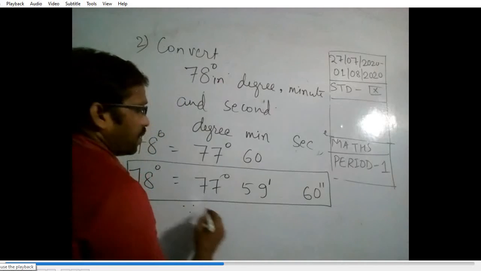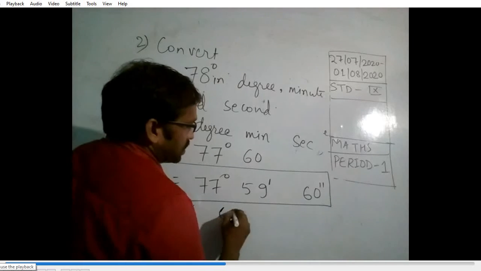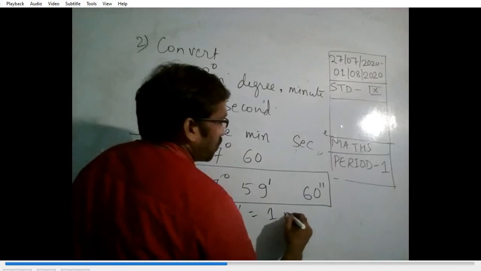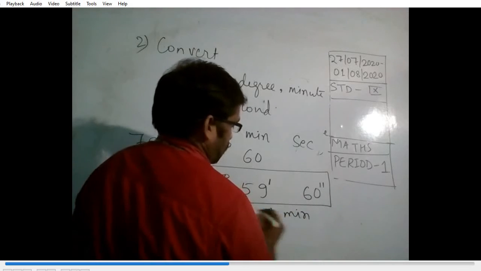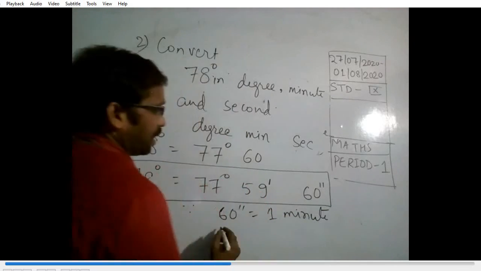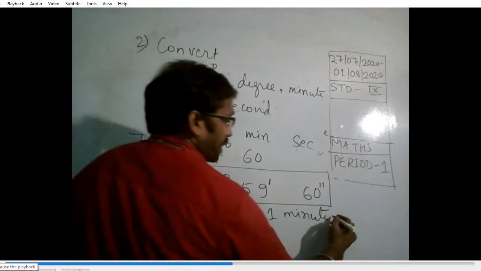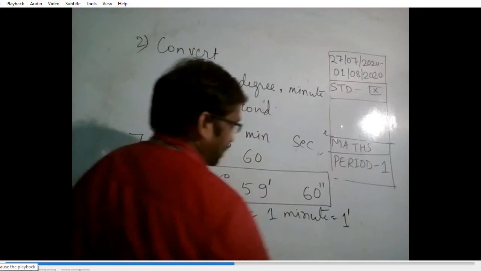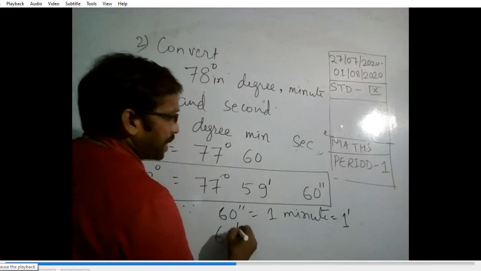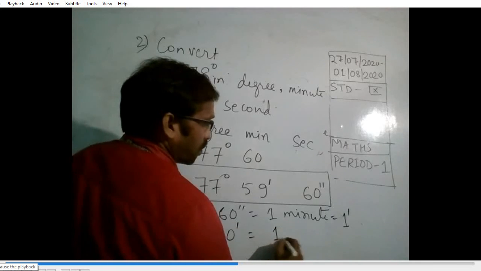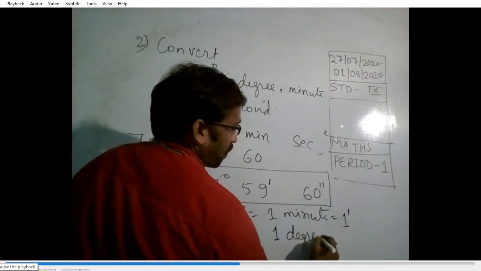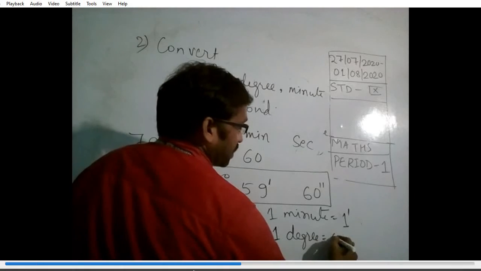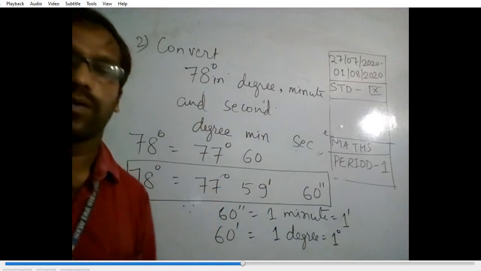Understood, everyone? 60 seconds is equal to 1 minute, and that is represented by this one line only. Then 60 minutes is equal to 1 degree, that is represented by the 0 here.